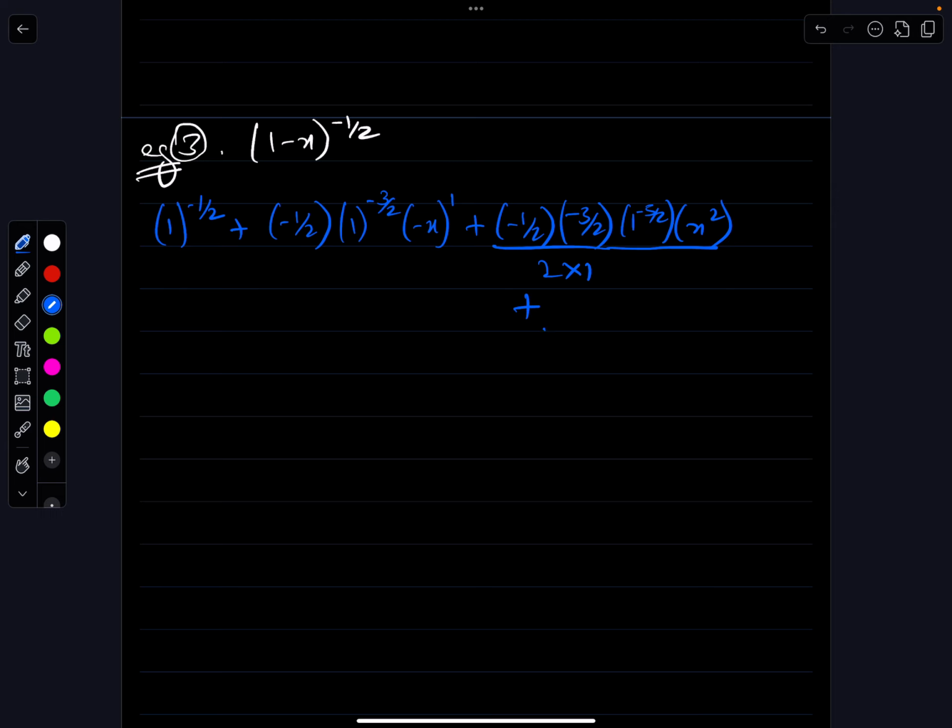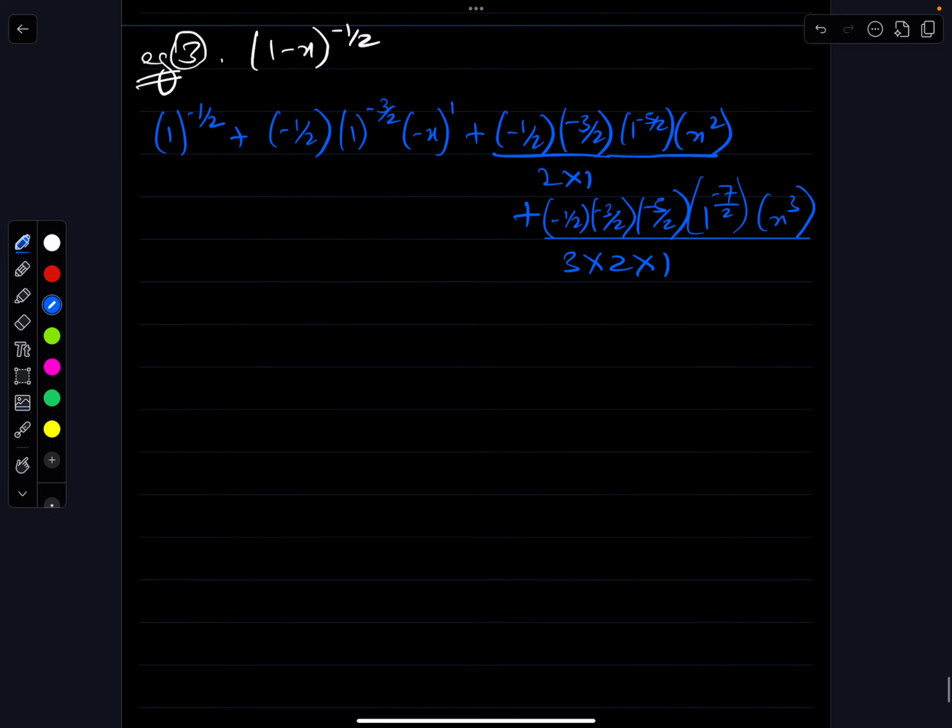Similarly, we have nC3, minus half, minus 3 over 2, minus 5 over 2. And this is nC3, thus 3 into 2 into 1. We have 1 to the power minus 7 over 2 and x cubed.